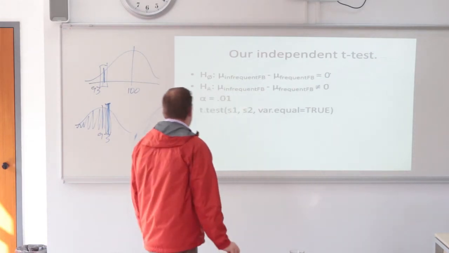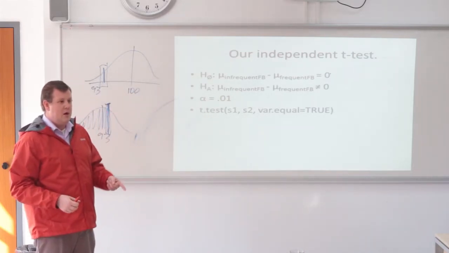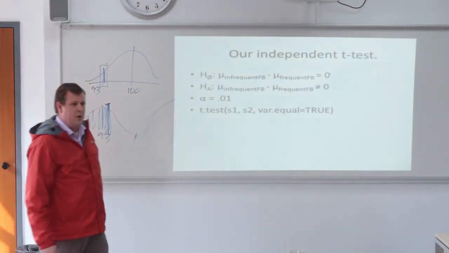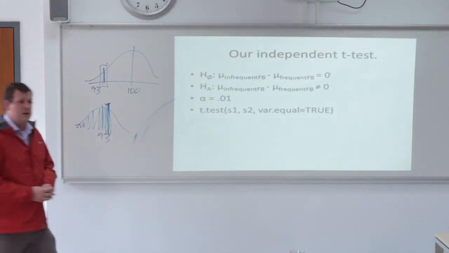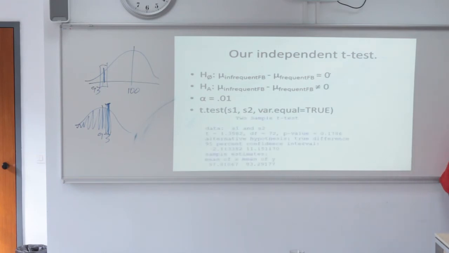So in order to tell t.test to assume that the variances are the same, we need to say var.equal. It means the variance is the same. That's true. Okay, so what do you get? 0.1786 for the p-value? Good.